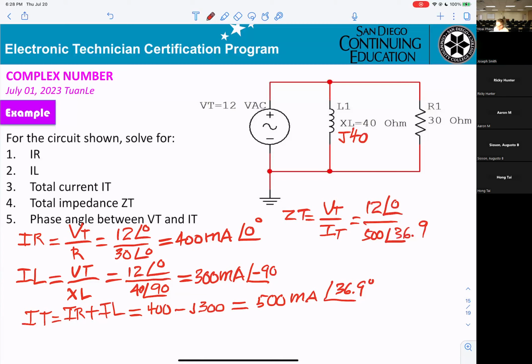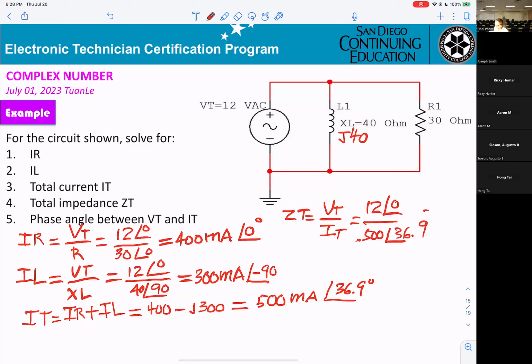You have to change that to ampere. So 12 divided by 0.5. Did you get 24? 24.